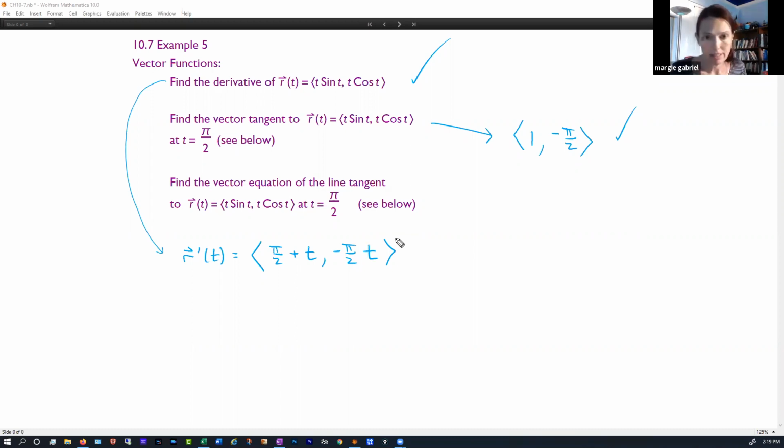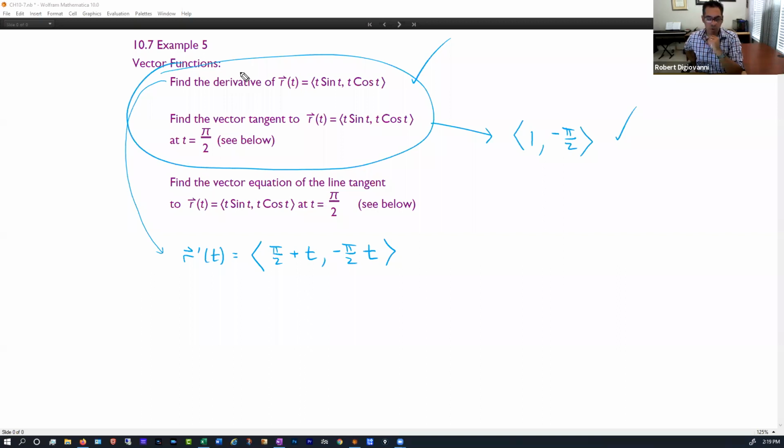Okay, so I'm going to assume that everyone's okay with the first 2. And I just want to talk about how we arrive at the third one. We're trying to find the vector equation of a line, right? And so what we need to do that is an r naught plus t v, right?